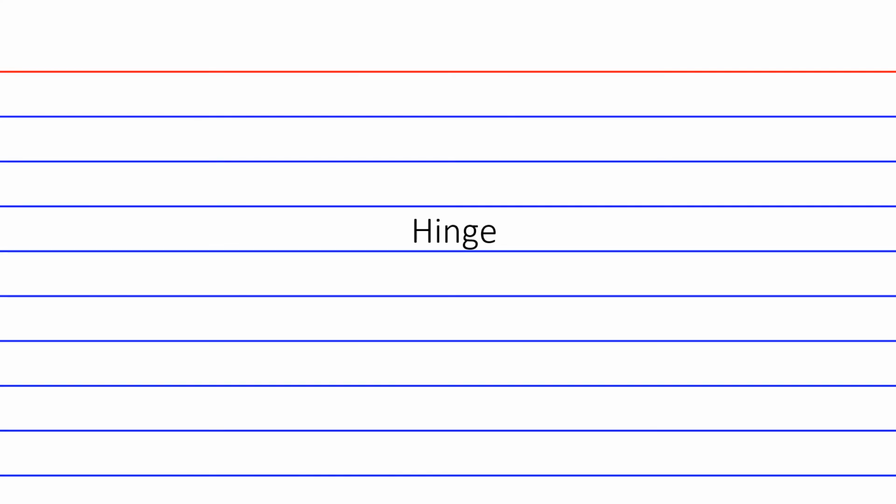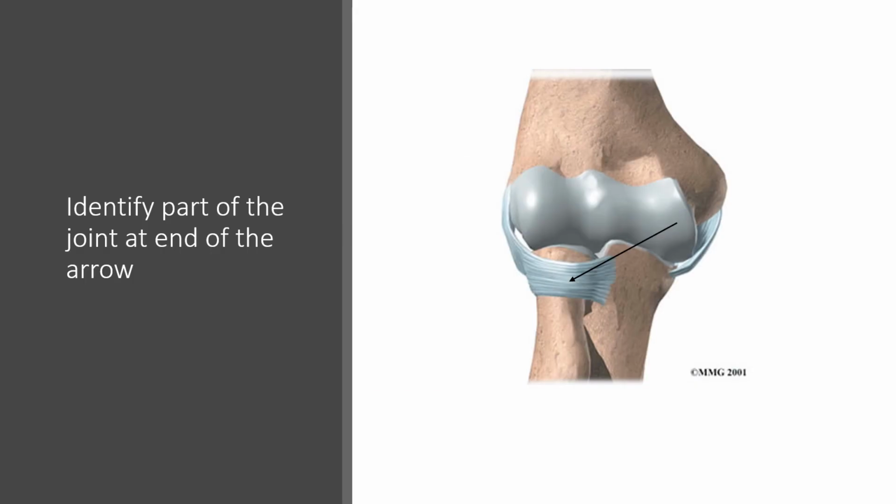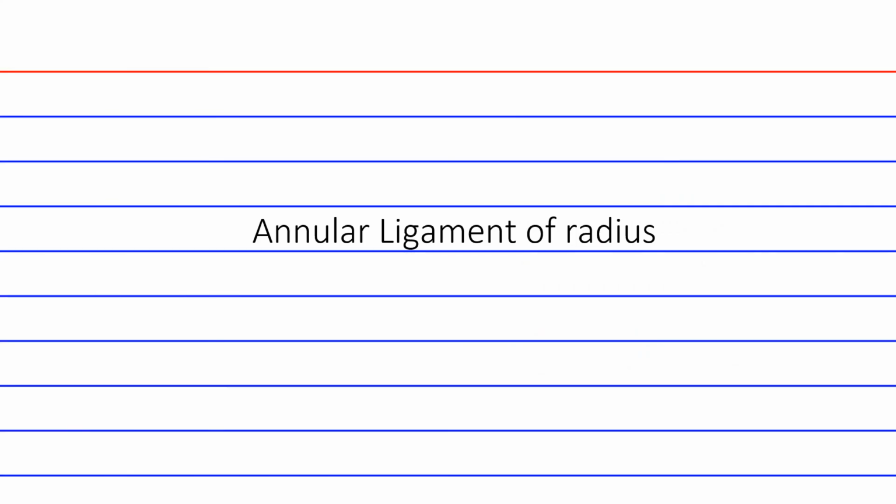It is also a hinge joint. You want to be able to identify part of the joint at the end of the arrow. The answer is the annular ligament of the radius.